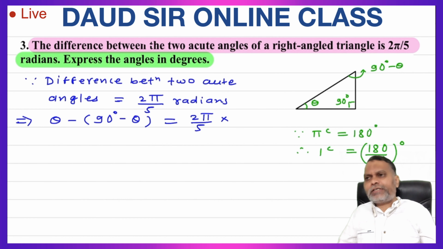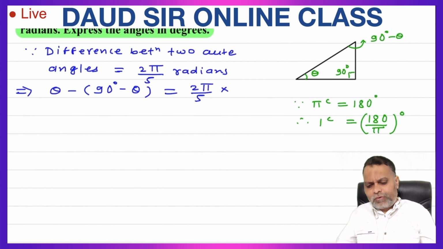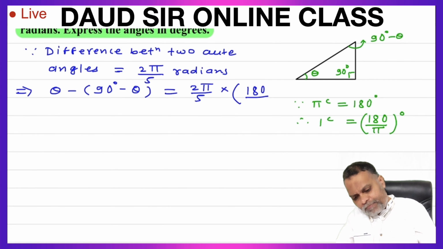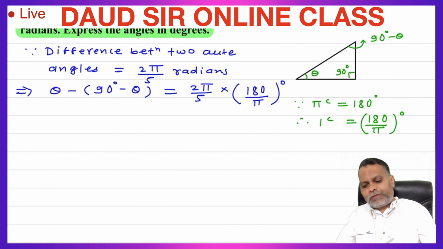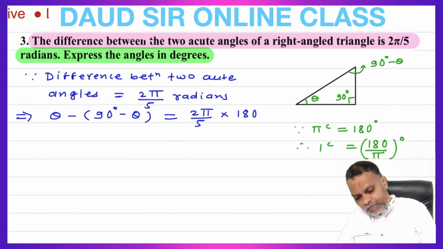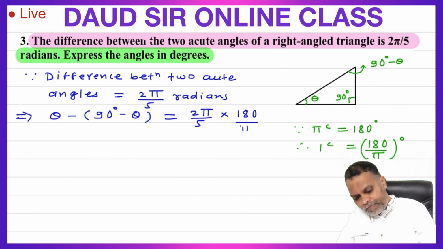So multiply by 180 by pi degree. So this is 180 by pi. Now it is converted into degree, total degree.